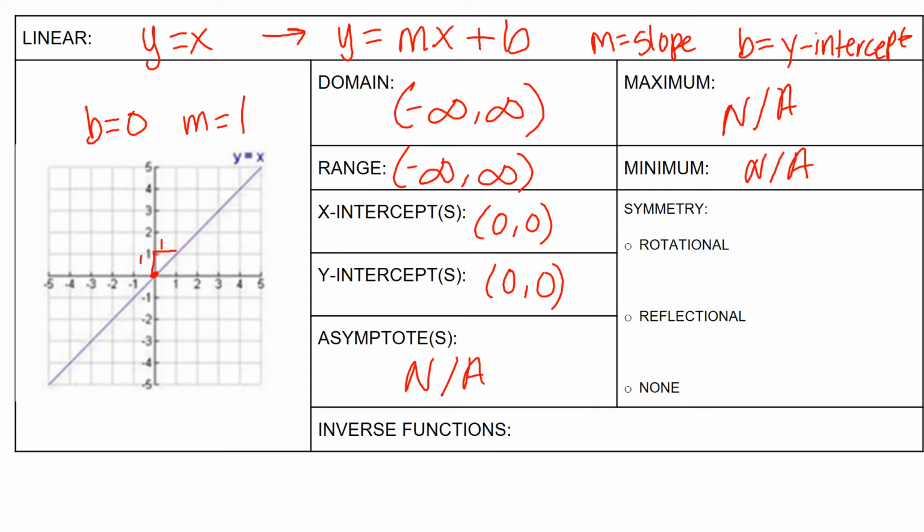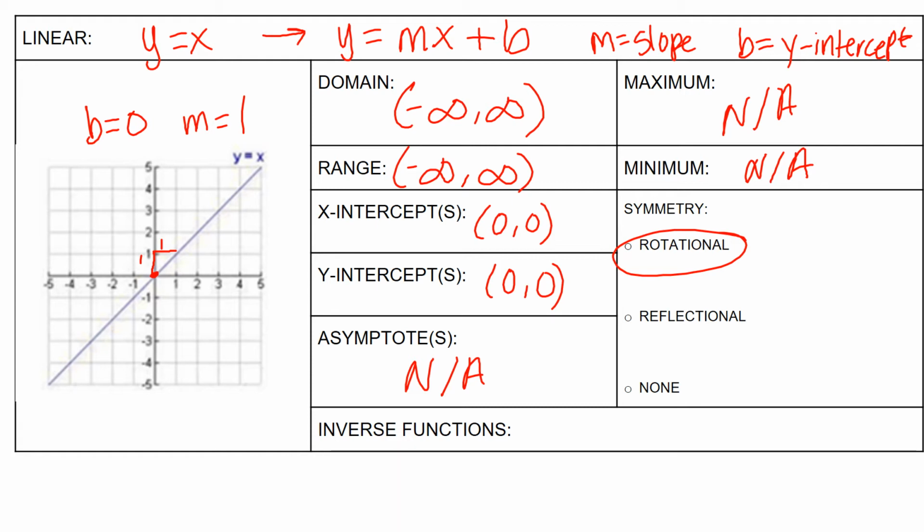And if I was to reflect it horizontally and reflect it vertically, which just means make a 180-degree turn, it would still be the same. Okay? How do we feel so far? Doable?